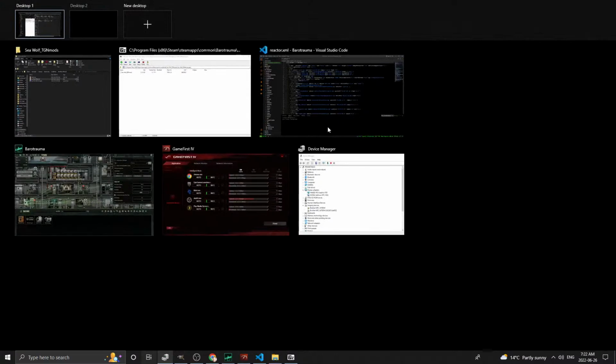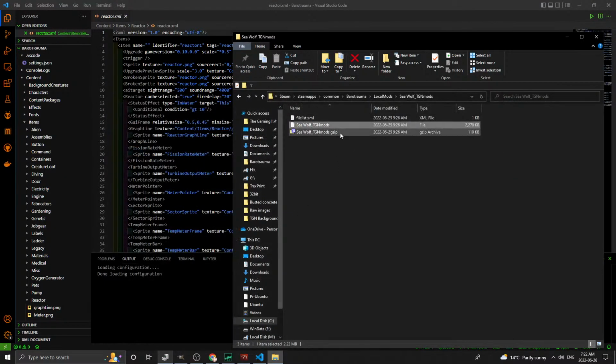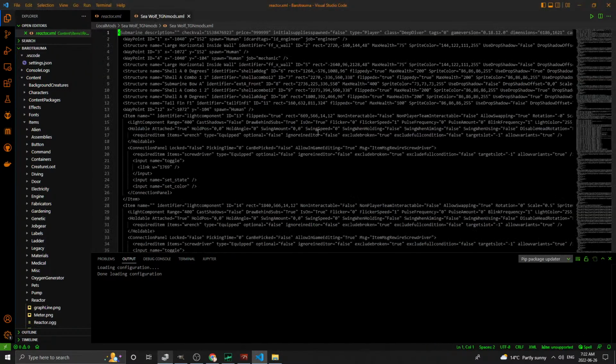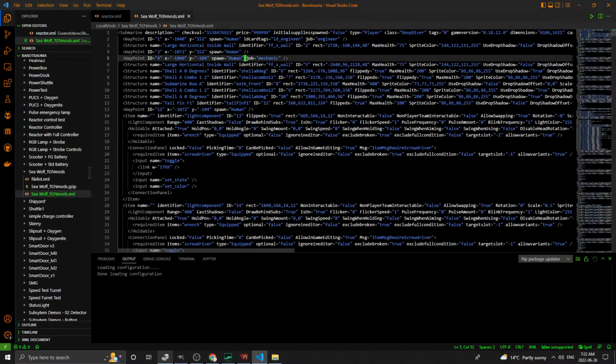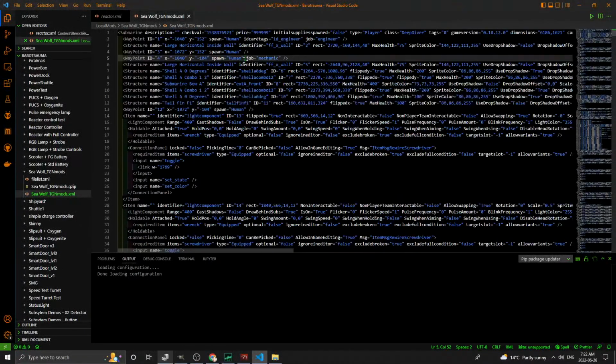And we're gonna rename this to an XML file. You'll notice it was extensionless. Now, we open this in here. Lo and behold, this is the code that drives your sub.